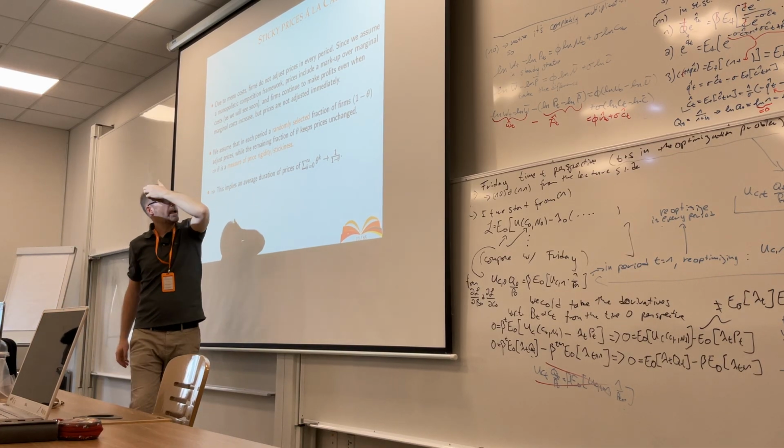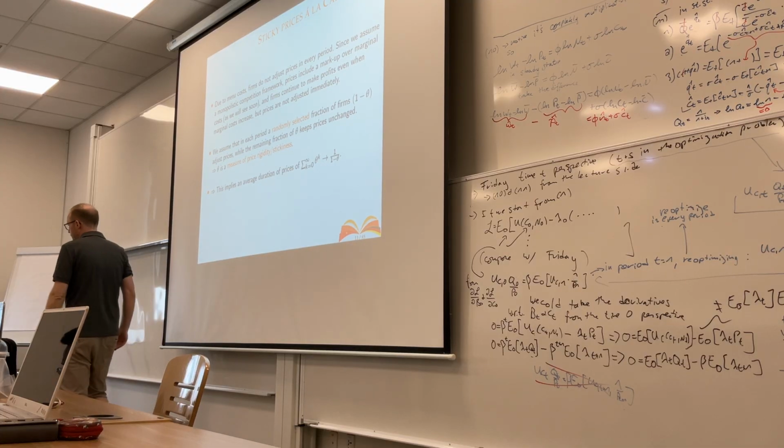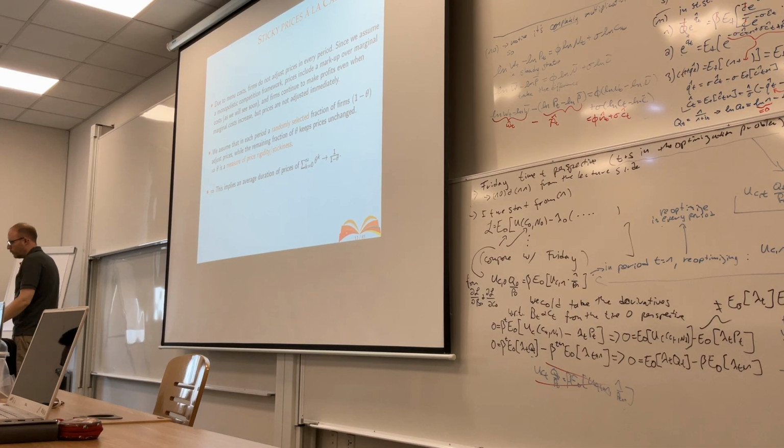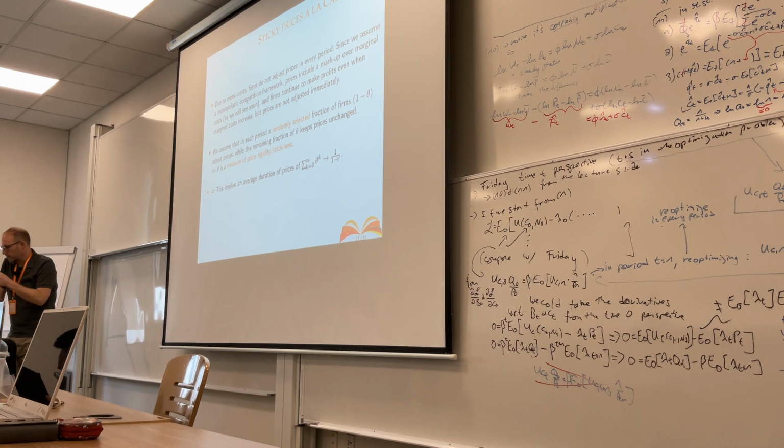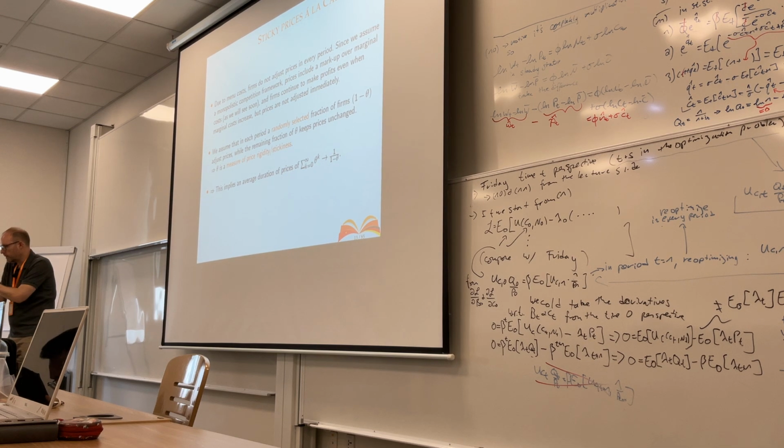Okay, what about this remaining fraction, theta? Well, they're going to keep their prices unchanged. So they're all going to keep the prices they had from last period. So this means we have to track each individual firm's price as it goes through time? No, it's simpler than that.